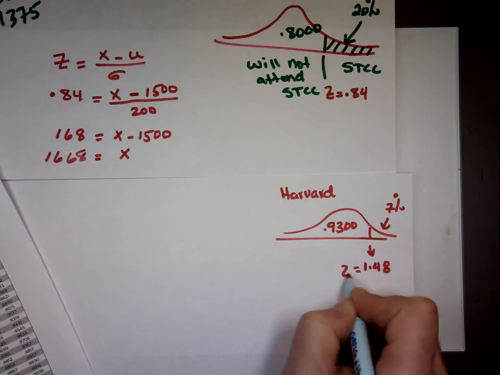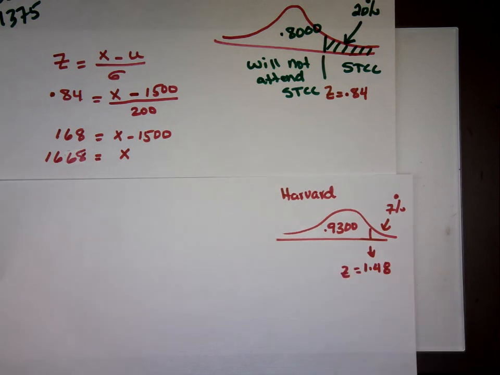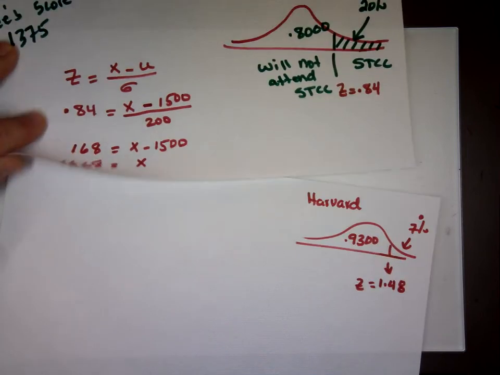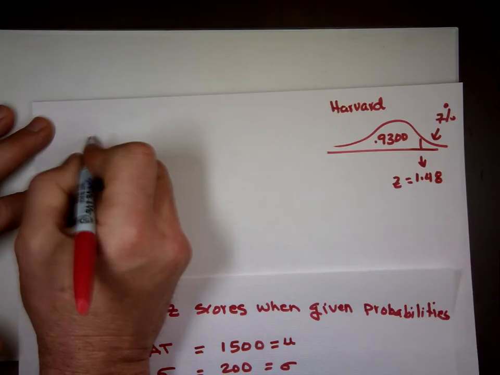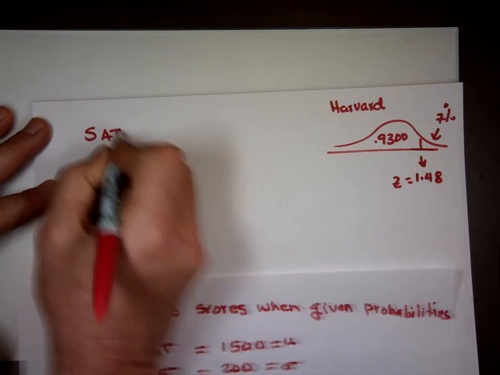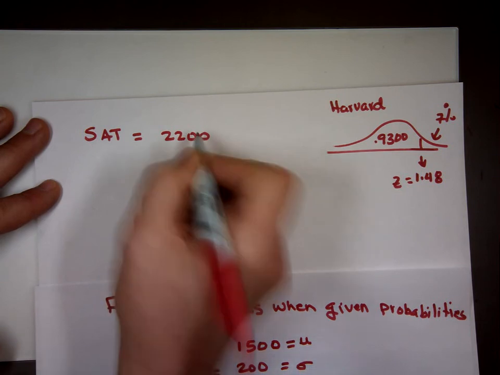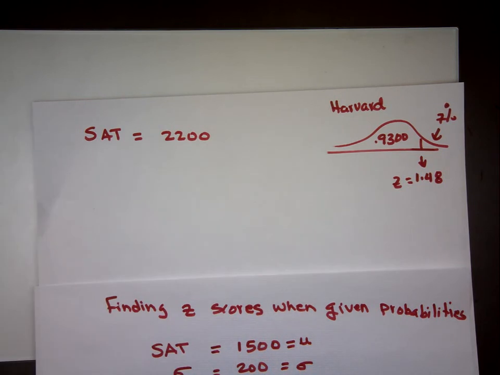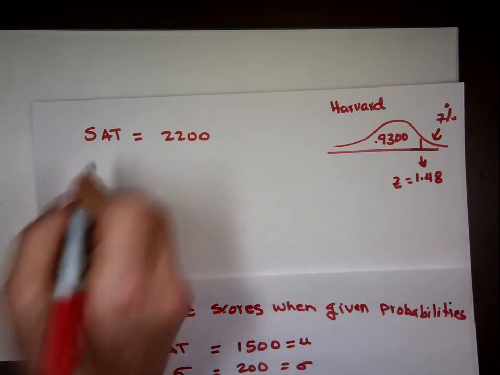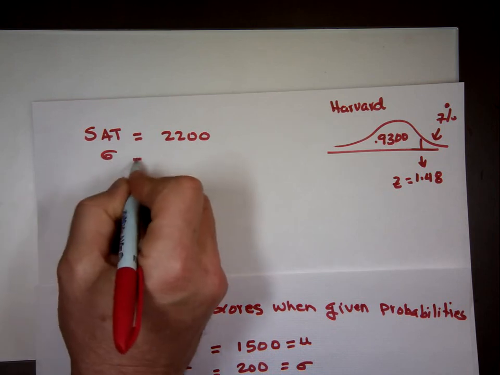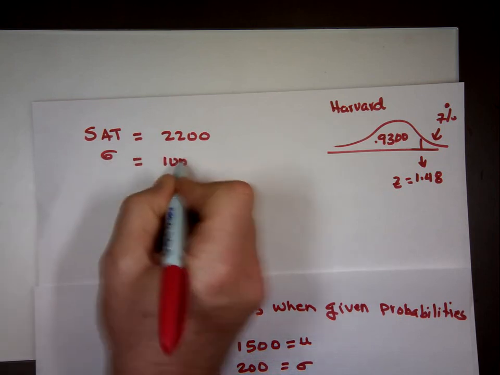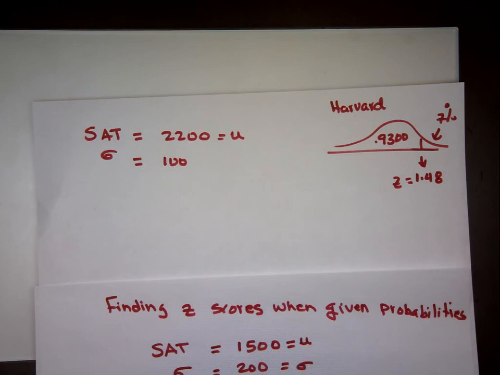Now again, the difference between STCC and Harvard is the average SAT. For students applying to Harvard, probably their average SAT is at least 2200, at least. Standard deviation, let's say is 100. This is the average. So now you can work the problem backward to see what score you need to get to Harvard.